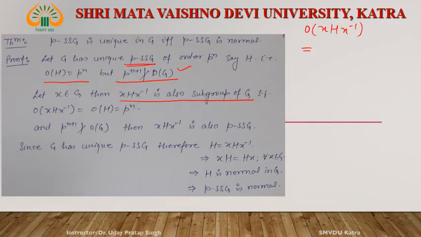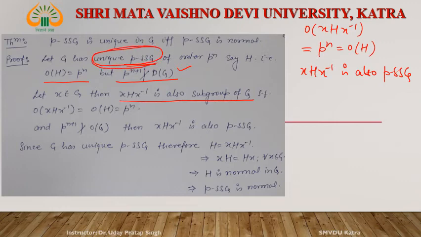We know that the order of this is also p to the power n, that is the order of H. It means xHx inverse is also a p-Sylow subgroup. But our statement is that G has a unique p-Sylow subgroup. It means H and xHx inverse both are the same.